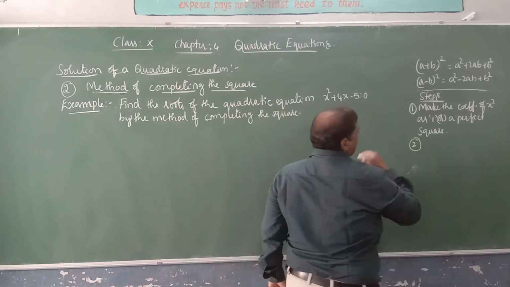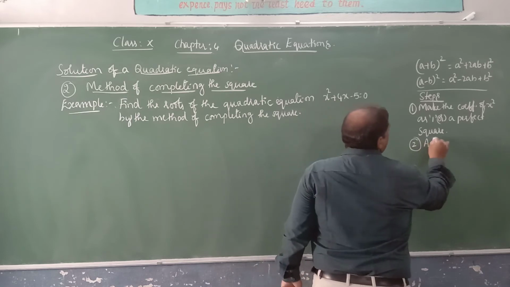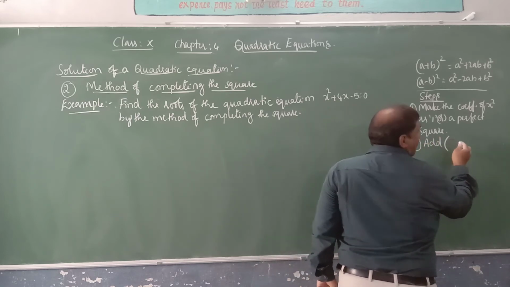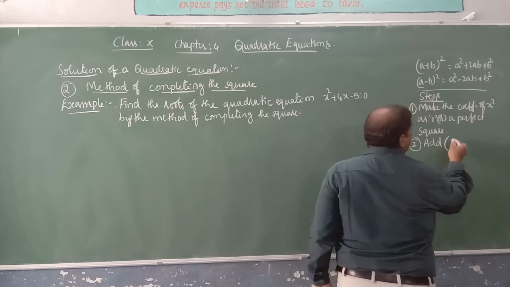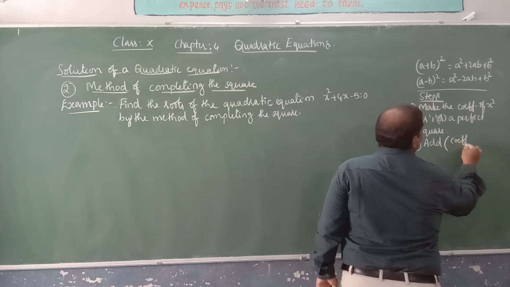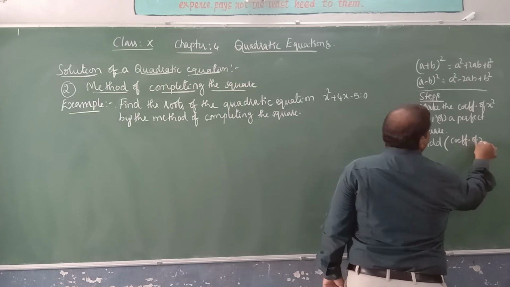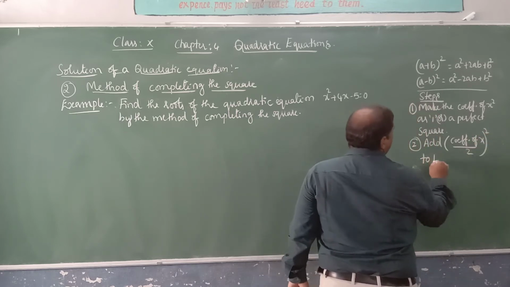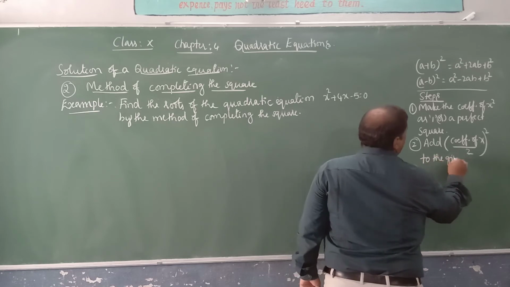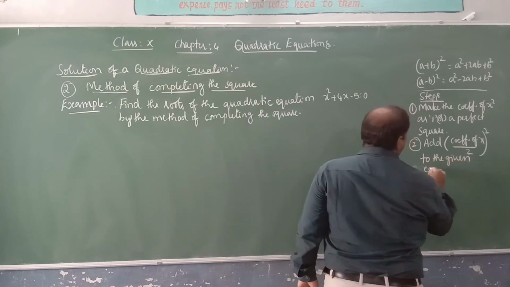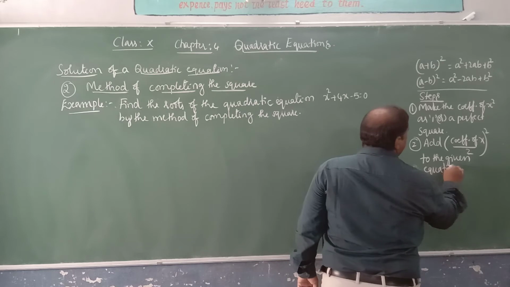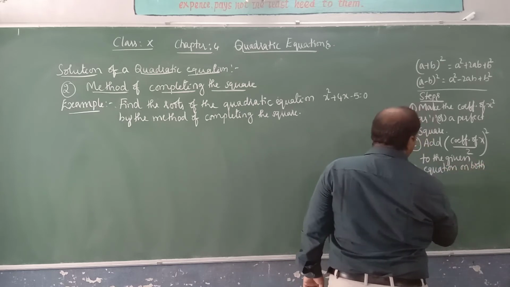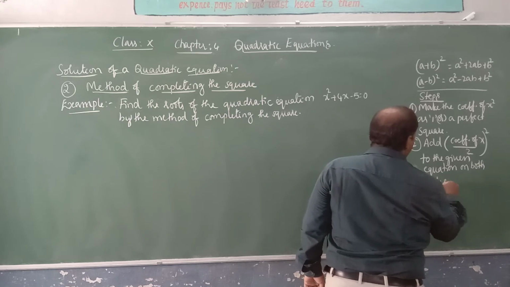The second step is add the square of half of the coefficient of x, that is coefficient of x by 2 whole square, to the given equation on both sides. So which term should be added?